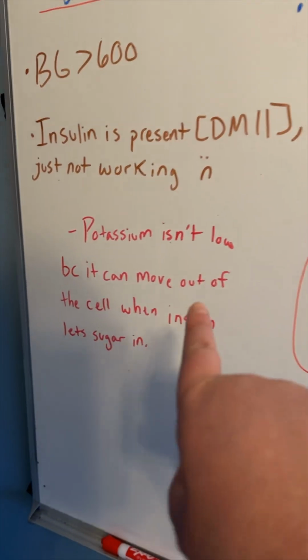Here, potassium won't be low because there is insulin, some of it is working, and it is letting sugar go into the cells, and when the sugar's going into the cells, the potassium can leave the cell as needed. So that's why we're not going to see that here. We're really going to see issues related to that high sugar and that dehydration from all the diuresis and polyuria.